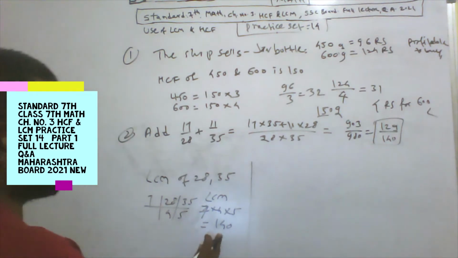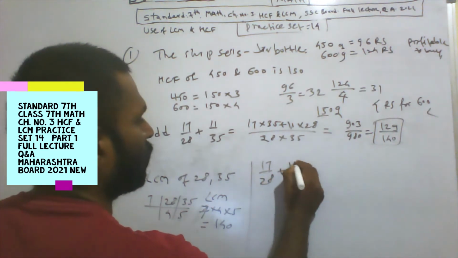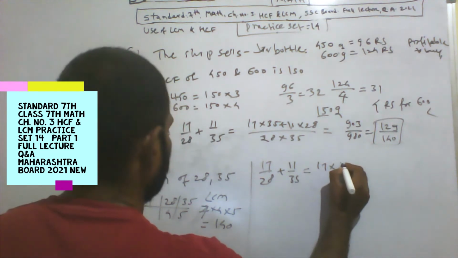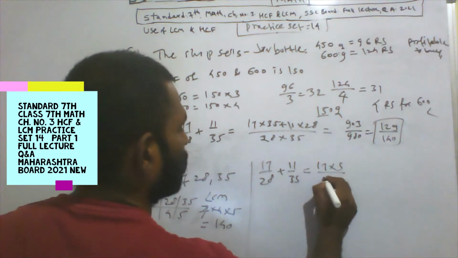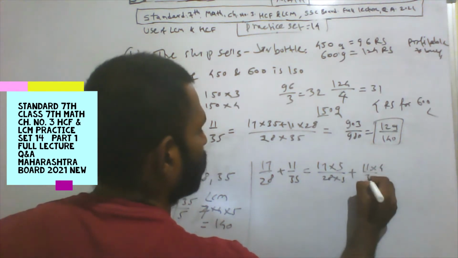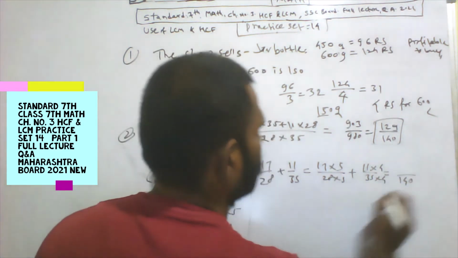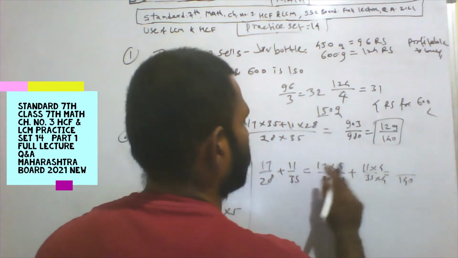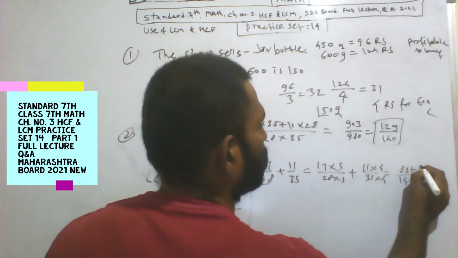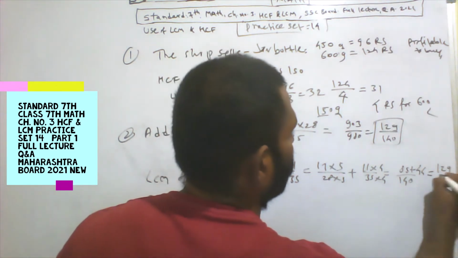Now 140 is the common denominator. So 17 upon 28 plus 11 upon 35 is equal to 17 into 5 and 28 into 5, plus 11 into 4 and 35 into 4. We get 140 as the denominator, and 17 fives are 85 plus 44, so the answer is 129 upon 140.